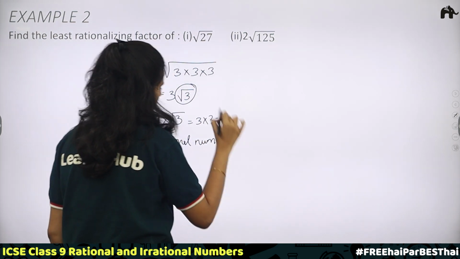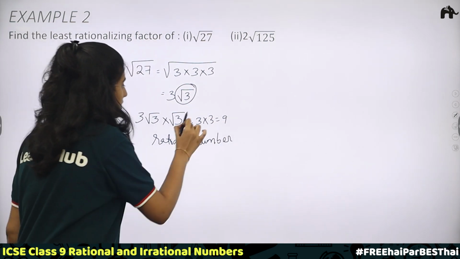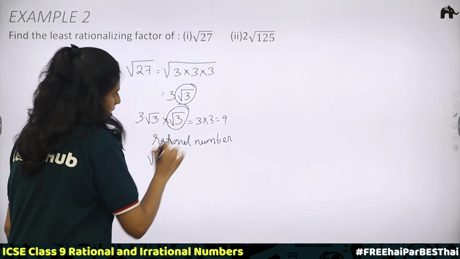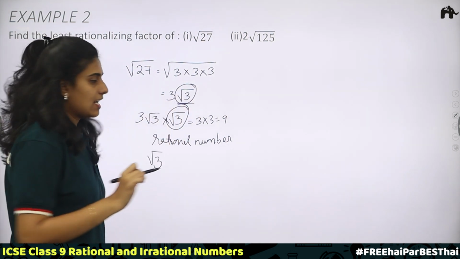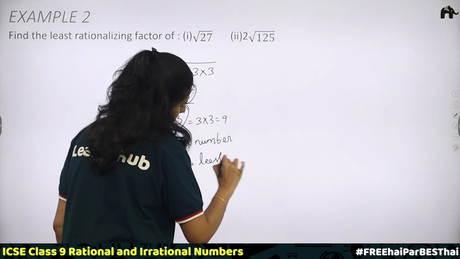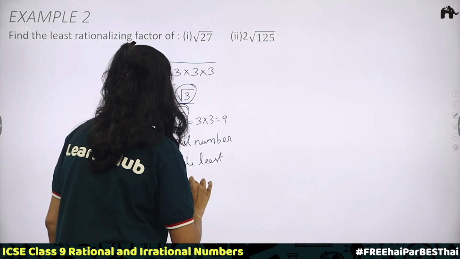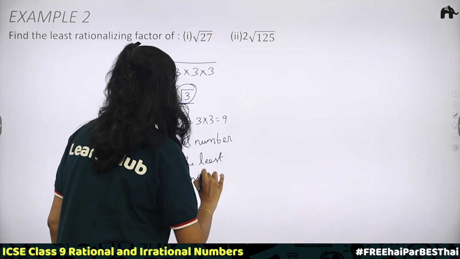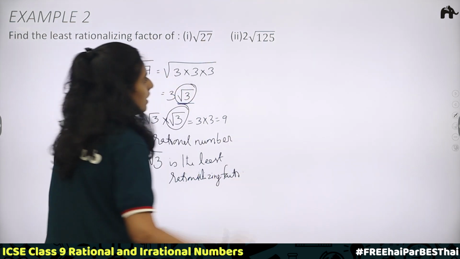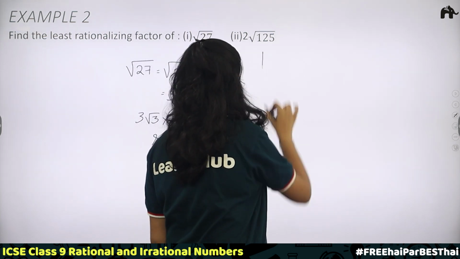So here the root 3 which we have taken is the least rationalizing factor.